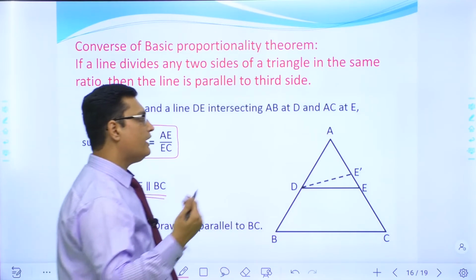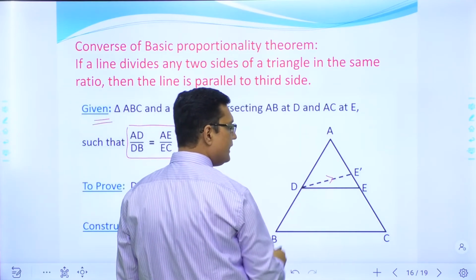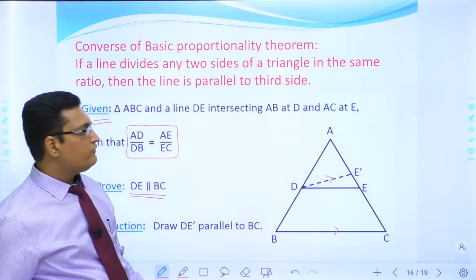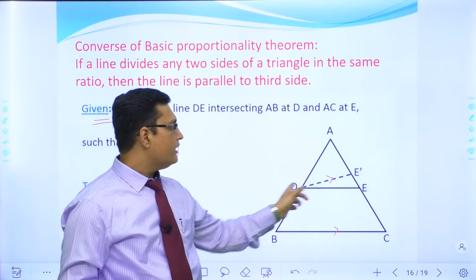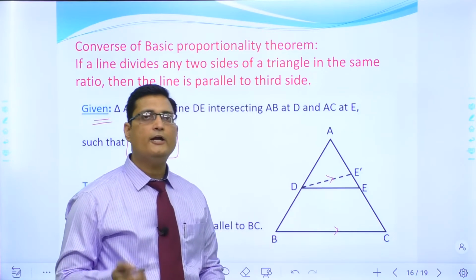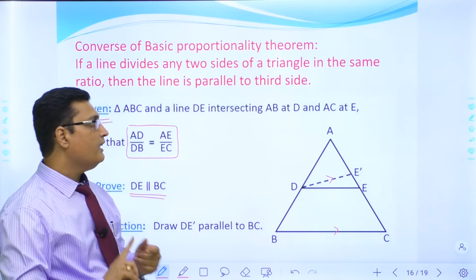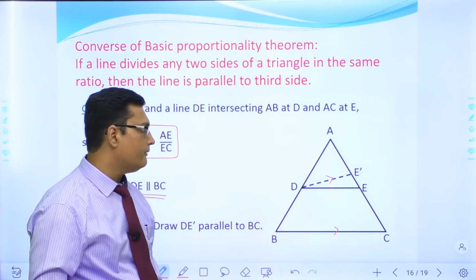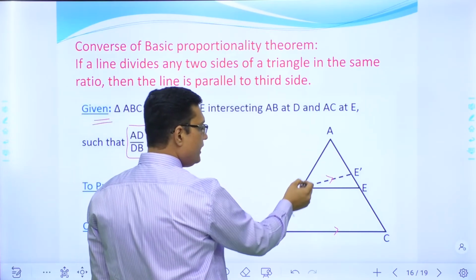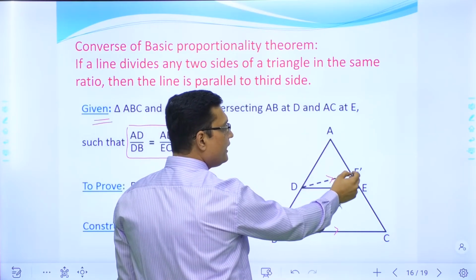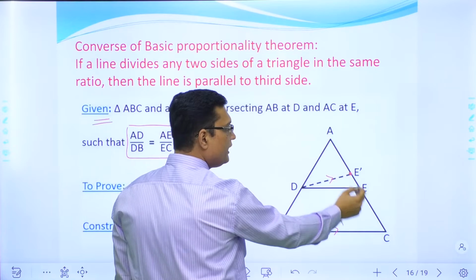Now students, if DE dash is parallel to BC in the triangle, it can follow the basic proportionality theorem, and according to that theorem we can write AD upon DB is equal to AE dash upon E dash C.